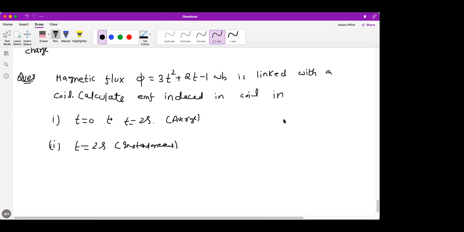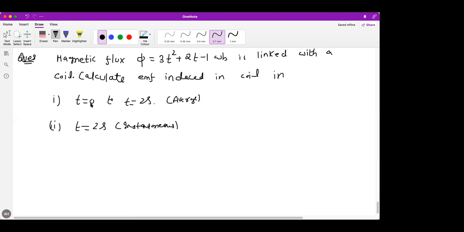Nazira, do you know how to differentiate a function? Yes, sir. Okay. Then do it. Mariam, are you doing it?